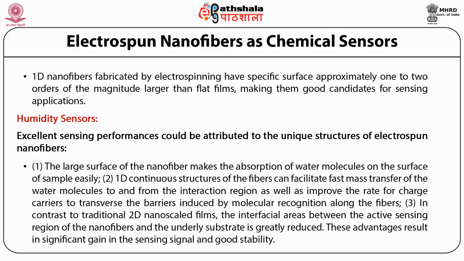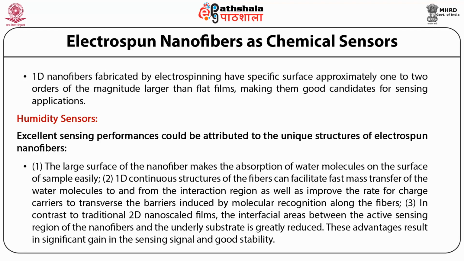In contrast to traditional 2D nanoscale films, the interfacial area between the active sensing region of the nanofiber and the underlying substrate is greatly reduced. This advantage results in a significant gain in sensing signal and good stability.